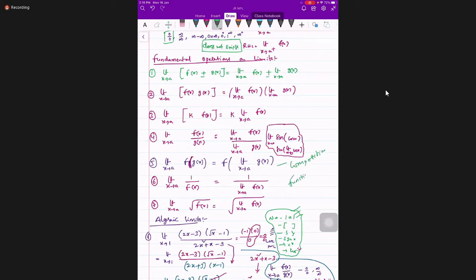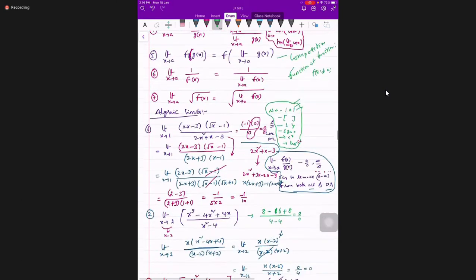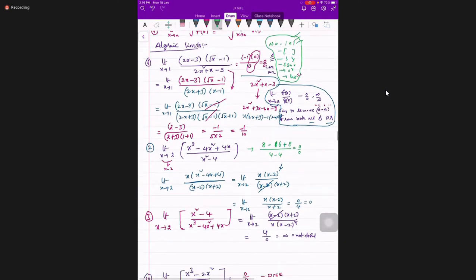How the limit is applicable, and how to take the limit of a rational, meaning reciprocal, where f of x is not equal to 0, and root also we can go for the limit under the function. So here we have the questions in algebra of limits.